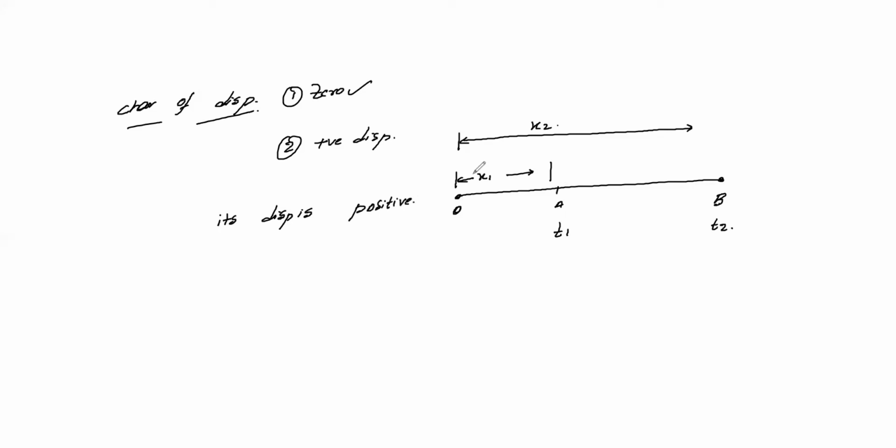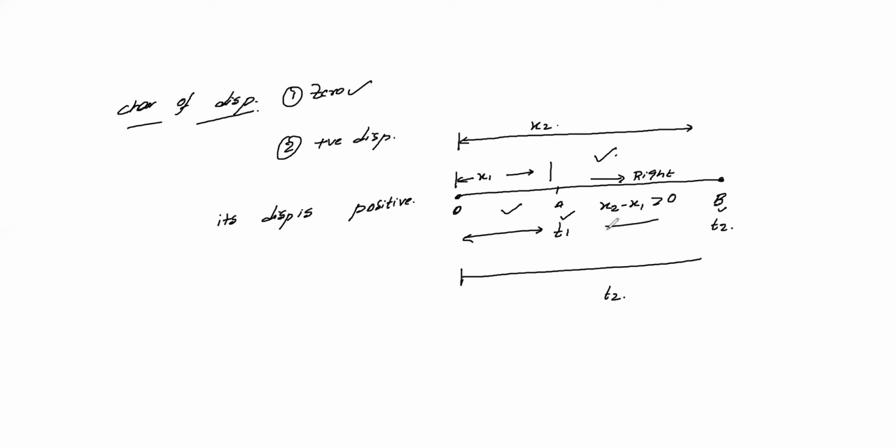So this is x1, and this is x2, the positions at times t1 and t2 towards your right. The difference is x2 minus x1, and x2 minus x1 is always greater than 0.